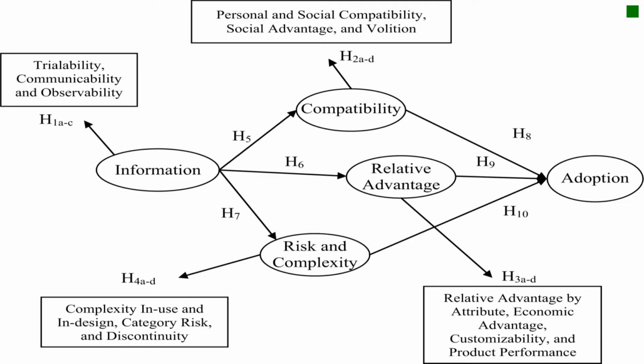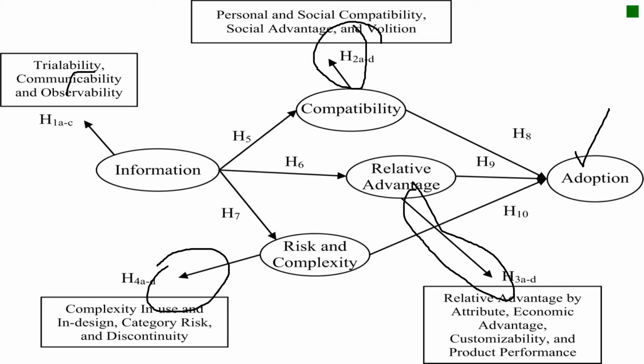This is a great example here of a structural equation model that's fairly complex. We have some outcome variable here, adoption, but we have all of these things happening all at once. So we have different measures for compatibility, different measures for information, different measures for risk and complexity, and a whole bunch of different measures for relative advantage. Each one of these arrows and ovals is like a really complex regression, and so we're measuring those.